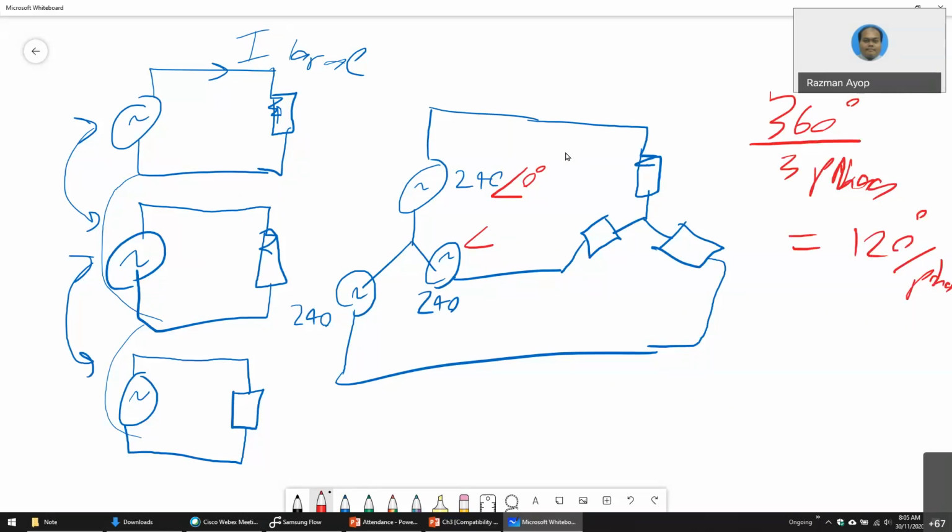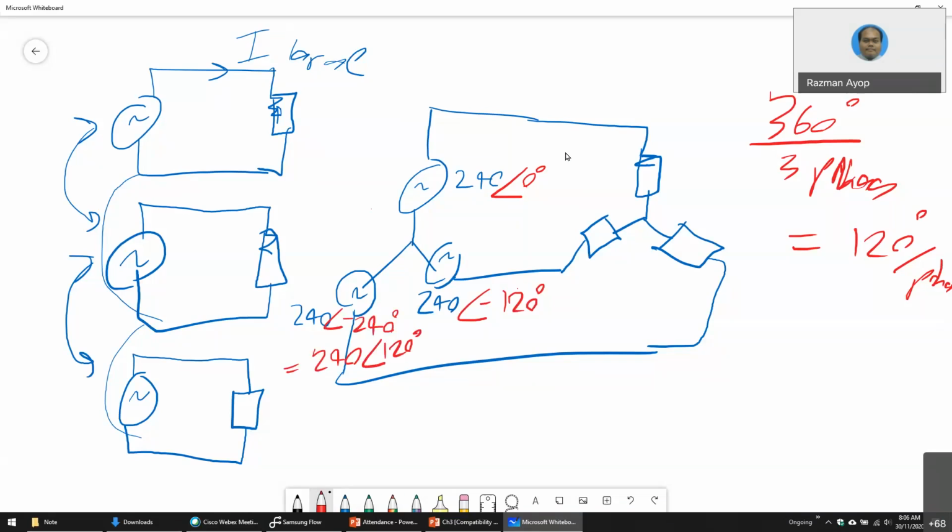So this one is negative 120 degrees, and this one is negative 240 degrees. So each of these phases is 120 degrees out of phase with each other.